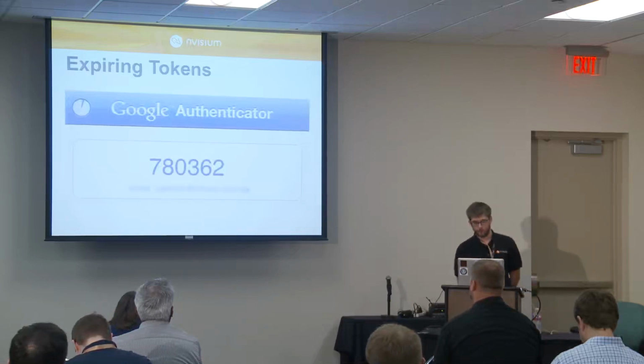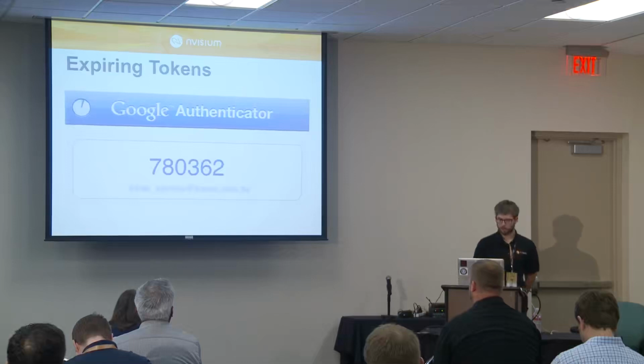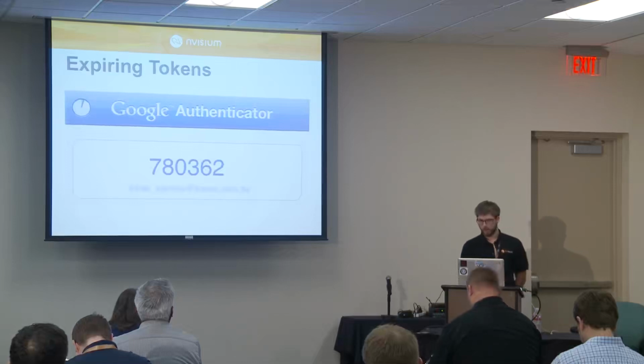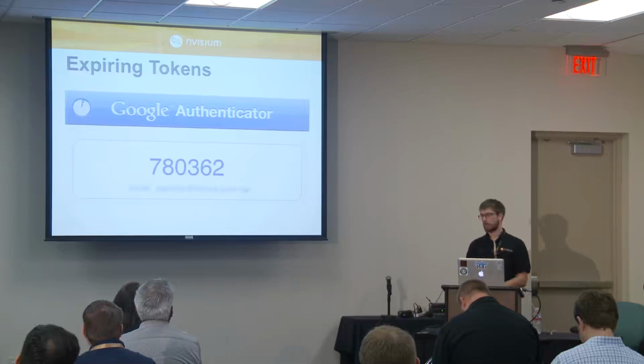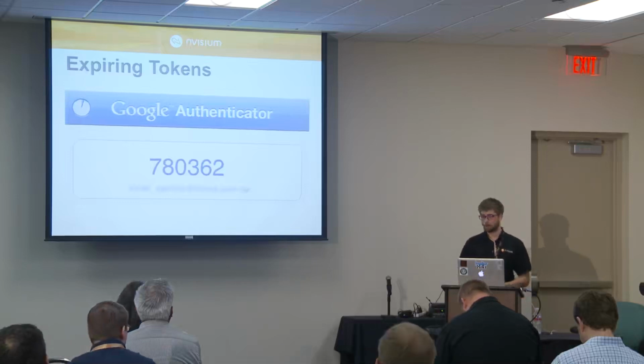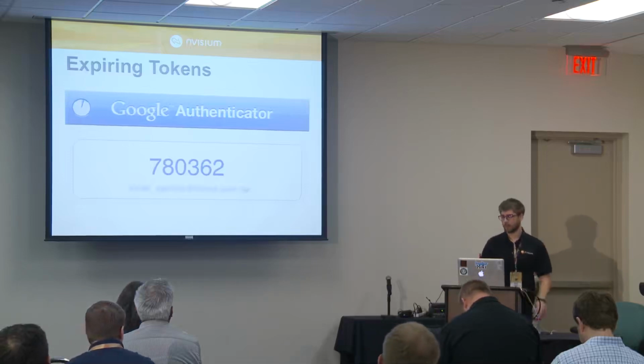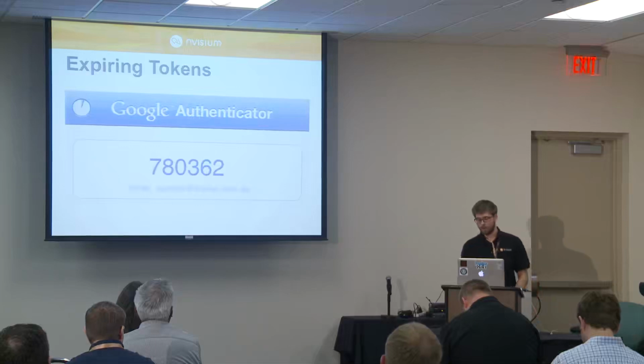It's a very small time window, I think only 30 or 60 seconds. So the feasibility of brute forcing that in the time window is pretty small. But if you've implemented it with a longer time window, it's fairly easy to exploit. And I've seen that quite a few times.